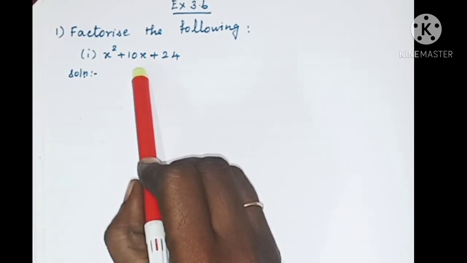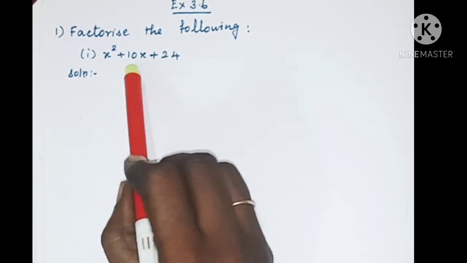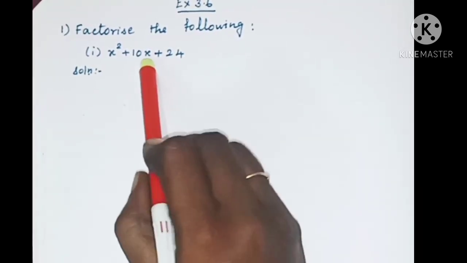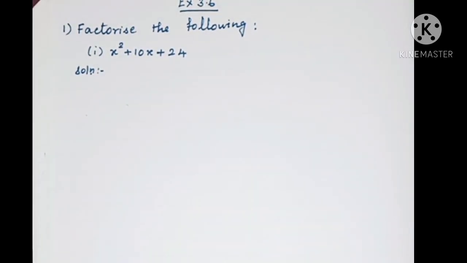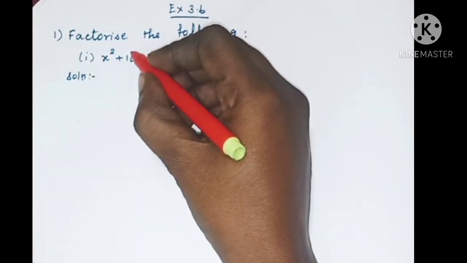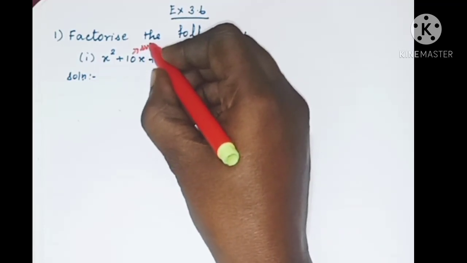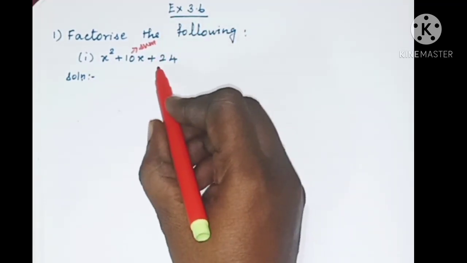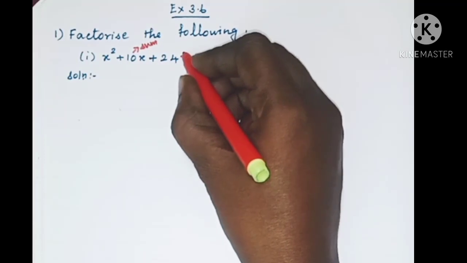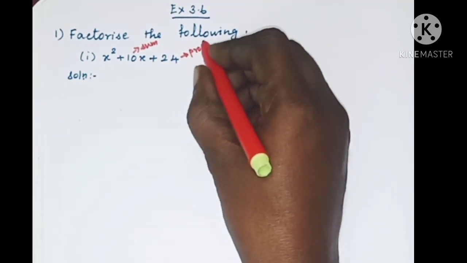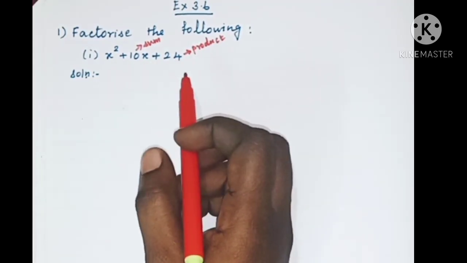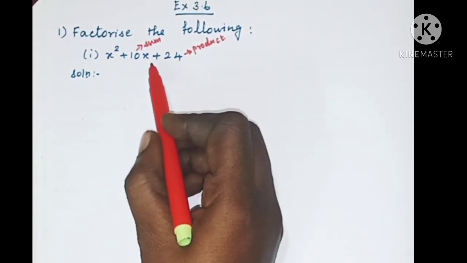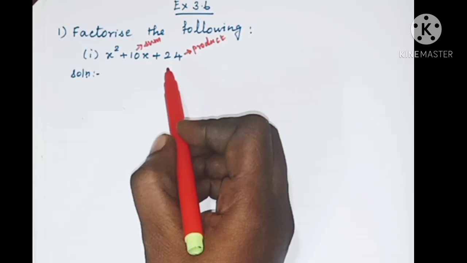What is splitting the middle term? Let's see. Here we can take this coefficient of x as sum. This is sum. And we can take this constant term as product. This is the quadratic equation. X square plus 10x plus 24 is the quadratic equation.